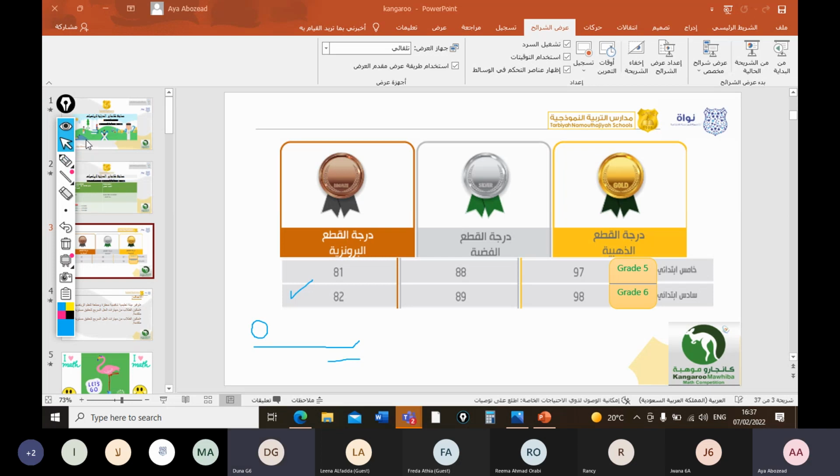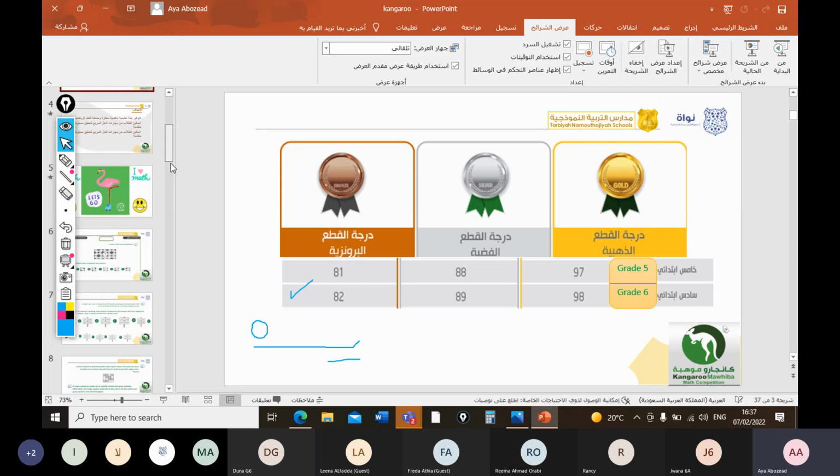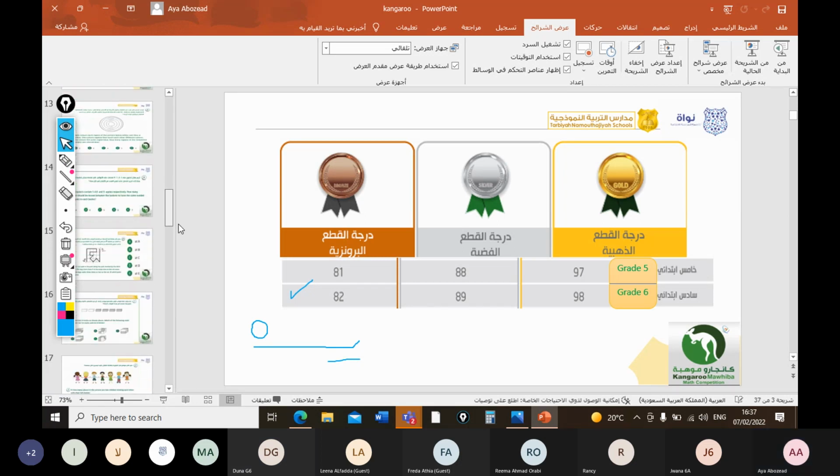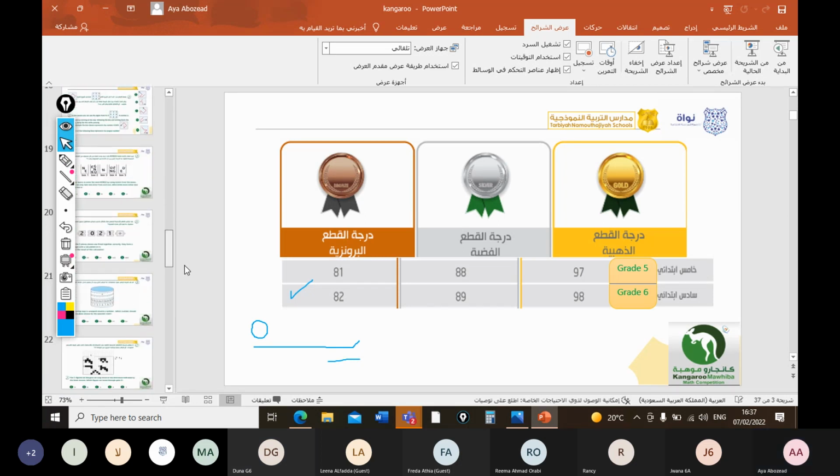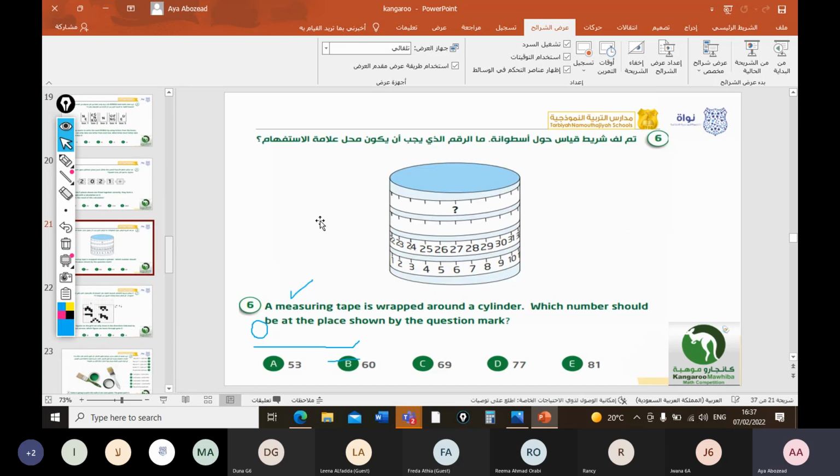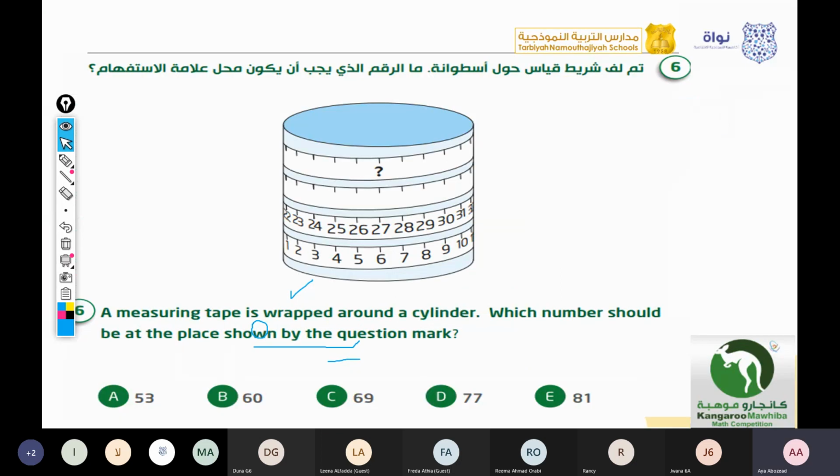Okay, let's continue. We are in which question? Yeah, question number 6. Yep, we are here. Now read the question. A measuring tape is wrapped around a cylinder.